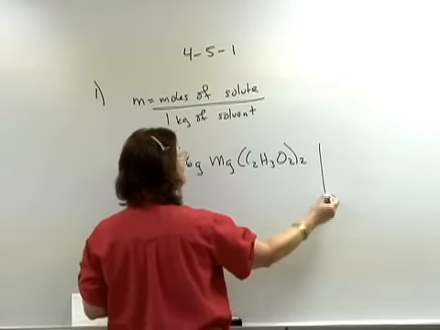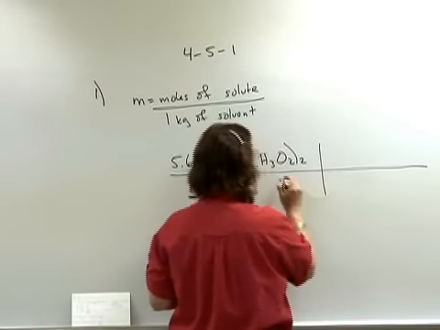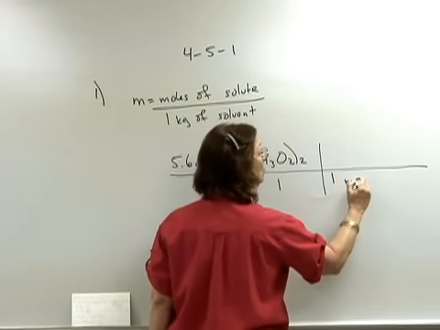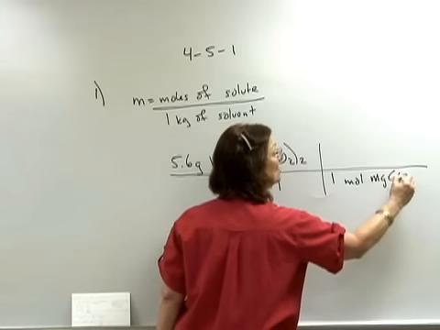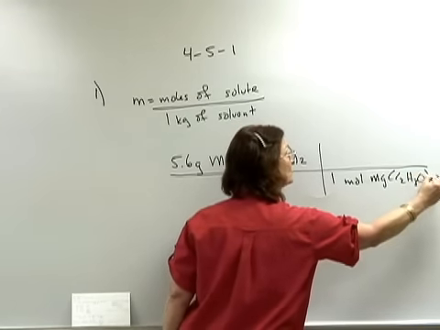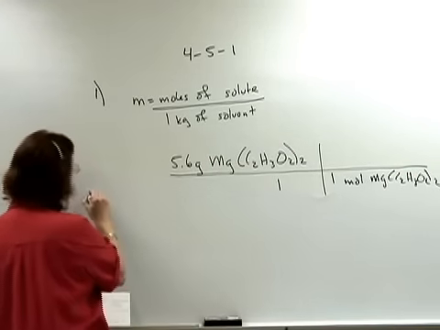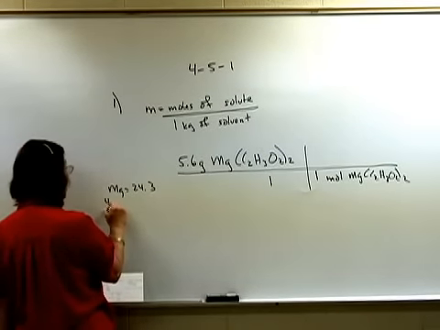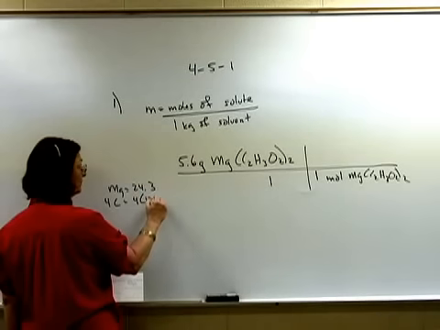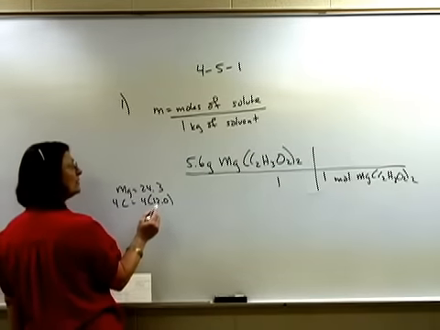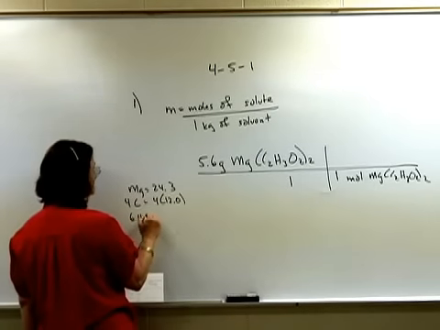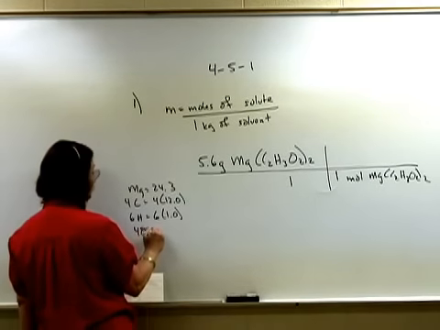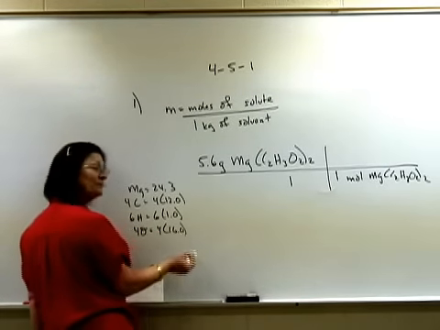And I'm solving for molality, so I need my moles of my magnesium acetate. Well, 1 mole of magnesium acetate, we have to add up the AMUs. And we have magnesium here, which is 24.3, and we have 4 carbons, which is 4 times 12, and we have 6 hydrogens, which is 6 times 1.0, and we have 4 oxygens, which is 4 times 16.0.